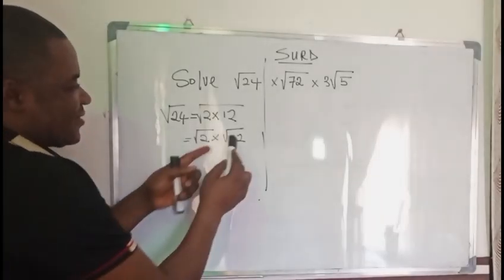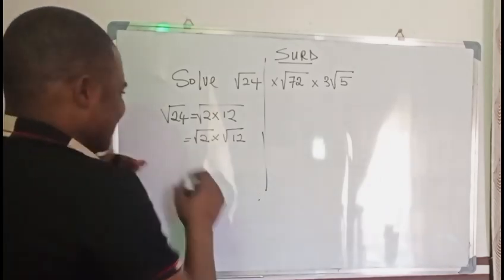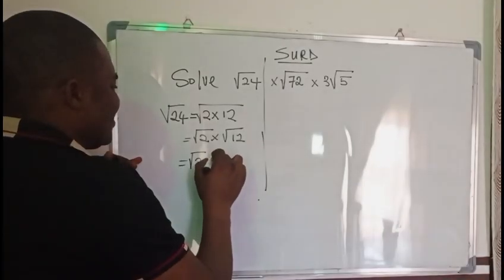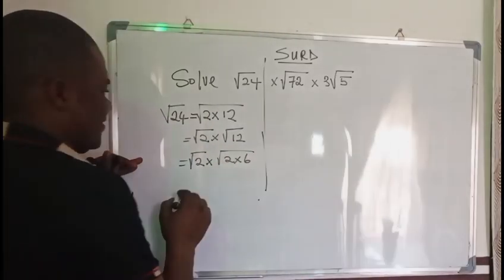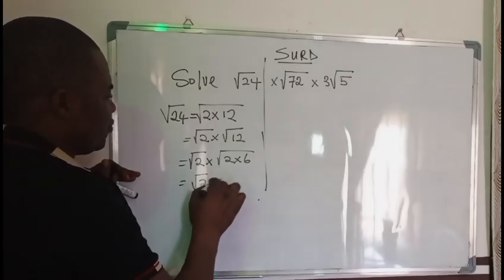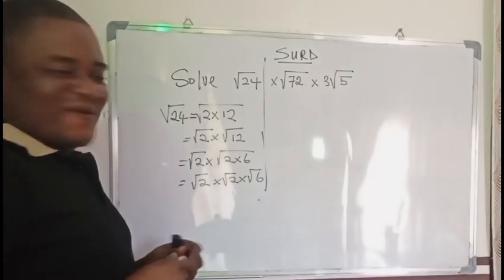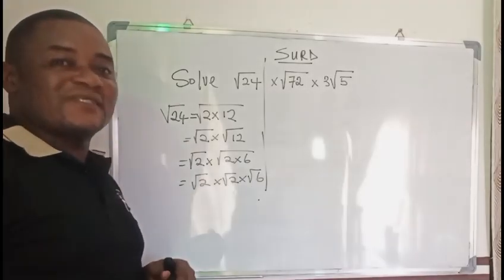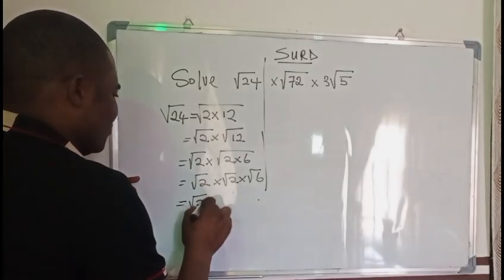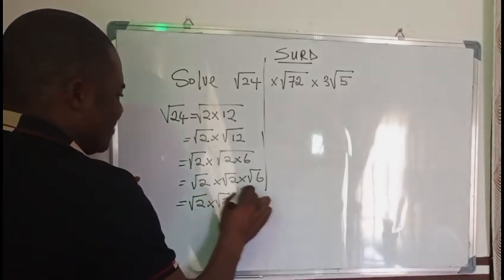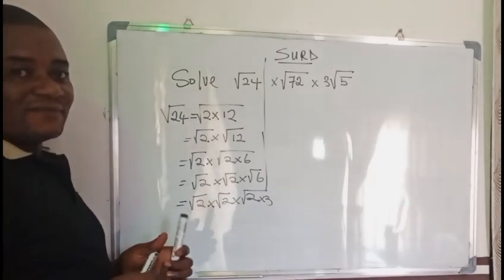Do you know that surd 12 can also be 2 times 6? That means we can also have surd 2 times surd 2 times 6, which means we can also have surd 2 times surd 2 times surd 6. But we can still break this down, 6 is 2 times 3. So we can possibly have surd 2 times surd 2 times surd 3.